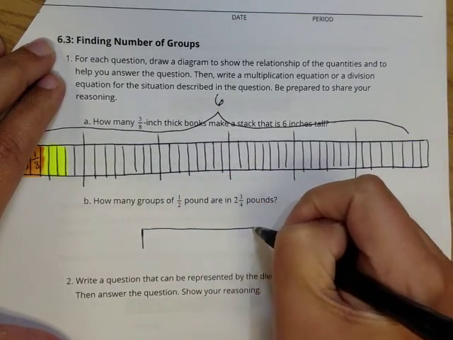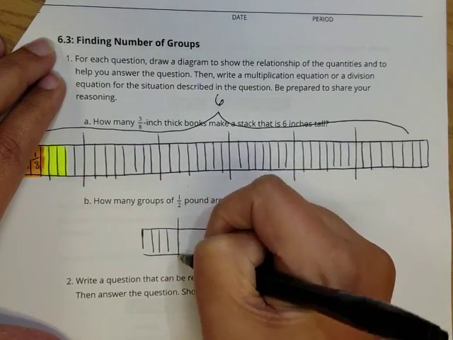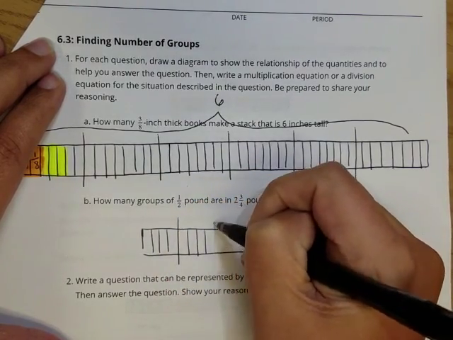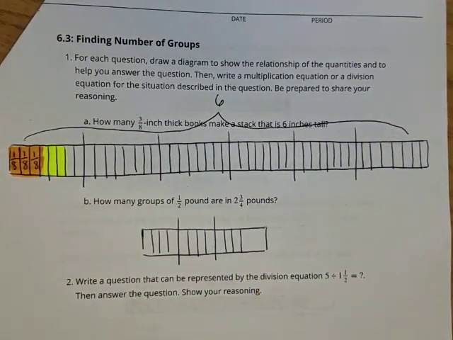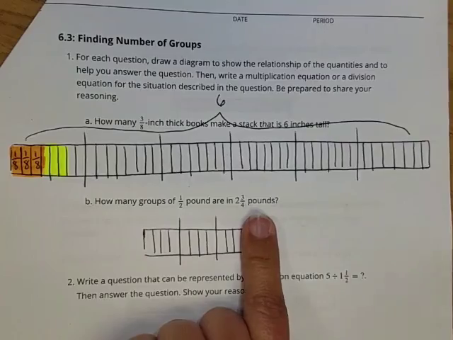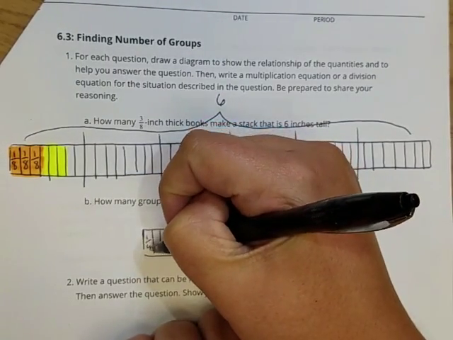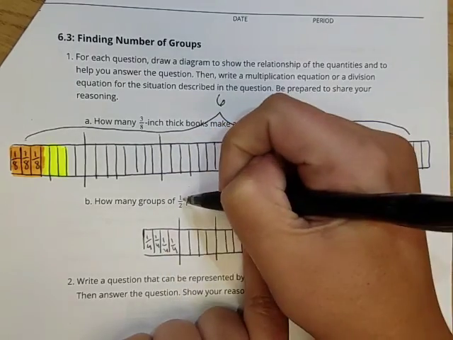So 1, 2, 3, 4, 1, 2, 3, 4, and then 1, 2, 3, and we don't have the rest of that. So what we want to do is that this is 1/4, 1/4, 1/4, 1/4, and we want a half.